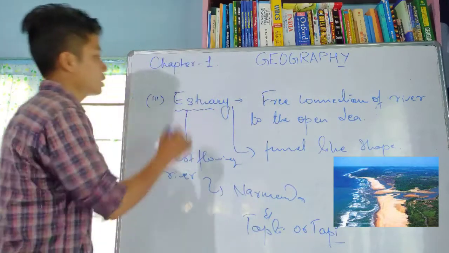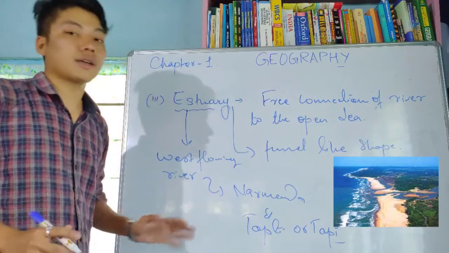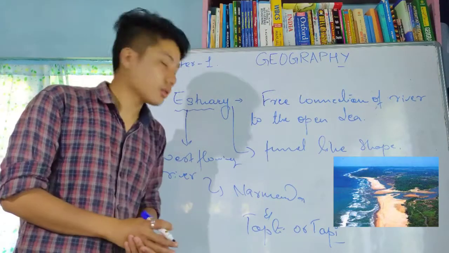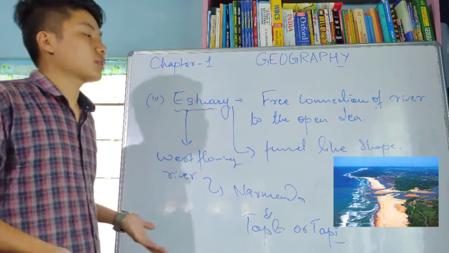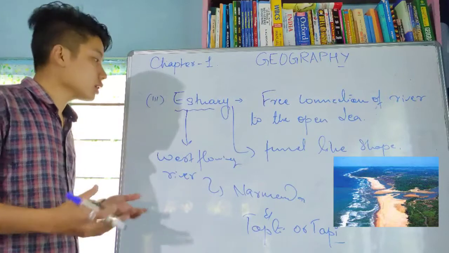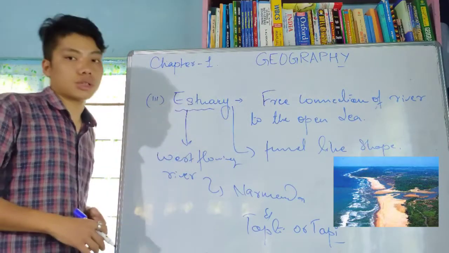We can find estuaries in these two rivers in India. Sometimes, due to tidal waves, some materials are brought from the oceans to the land, and some kind of depositional features are formed in the estuary.